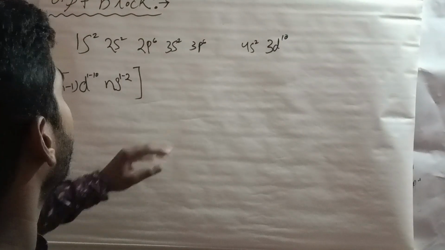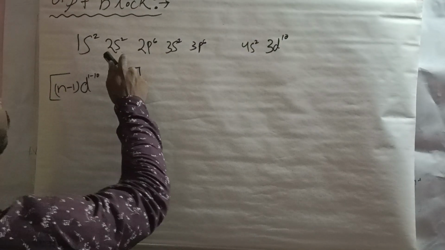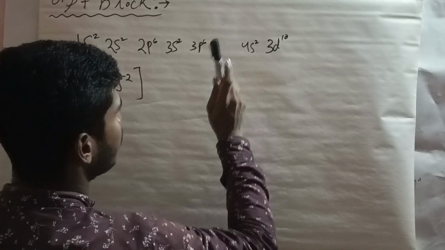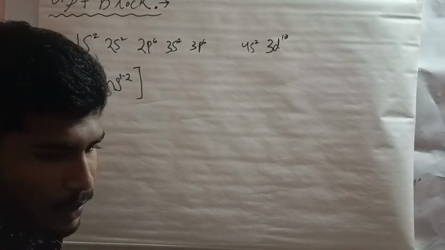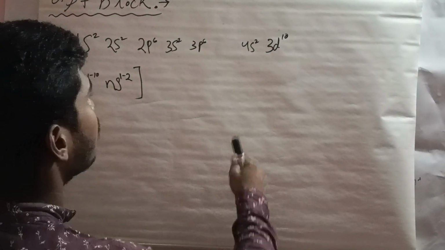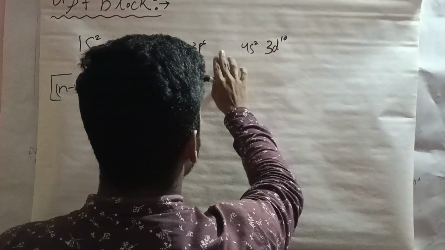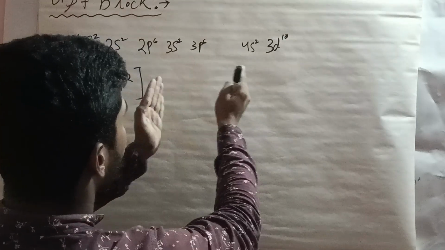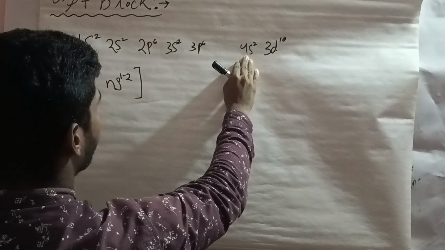We know the structure is 1s2, 2s2, 2p6, 3s2, 3p6, 4s2, 3d10. This space I gave to help you understand that 3d10 can be placed here because the structure follows the 4s2 rule first.